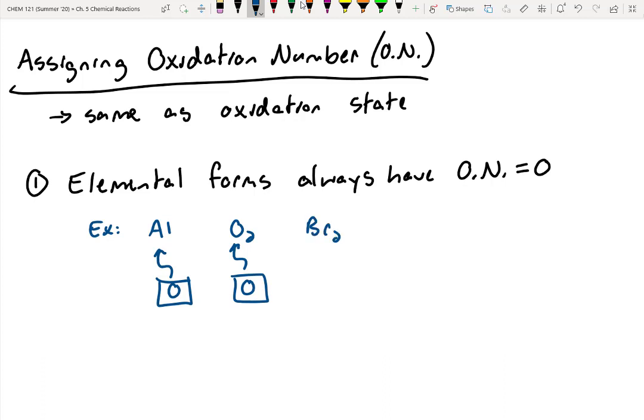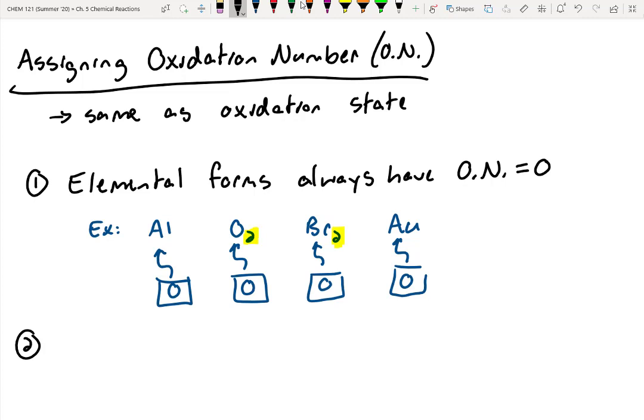If we do Br2, because it's just made up of bromine atoms, it would still be an oxidation number of 0. Same thing with something like gold. If we think about gold, Au, this would be by itself, so we just say 0. So if you ever see an element, even if you've got some sort of subscript after it, but that element is only one type of element, remember the oxidation number is going to be 0. All right, so that's rule number 1.